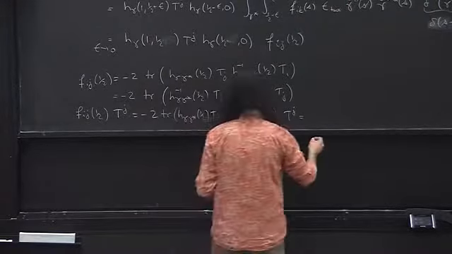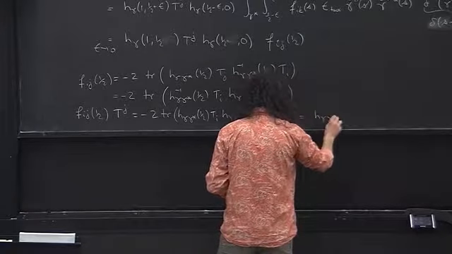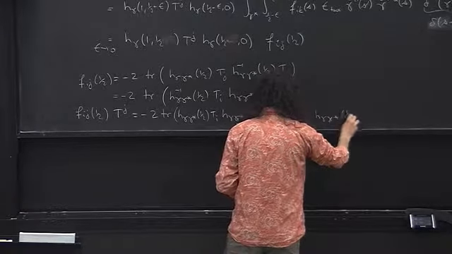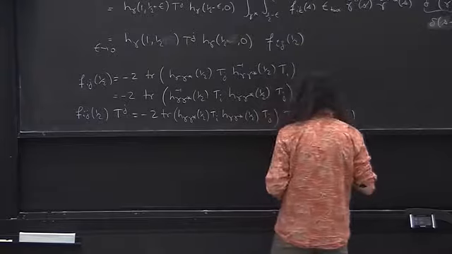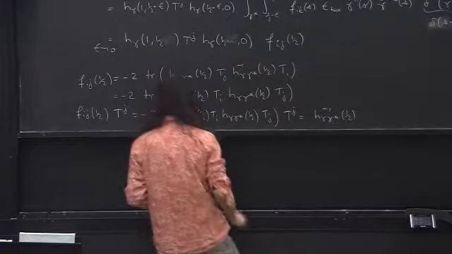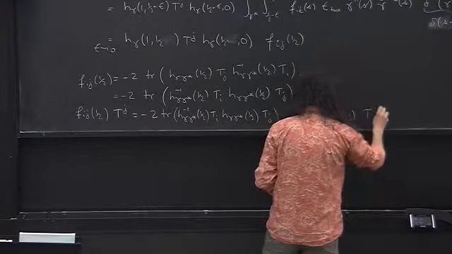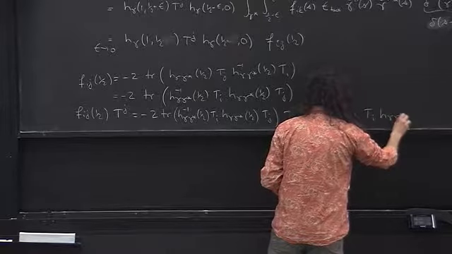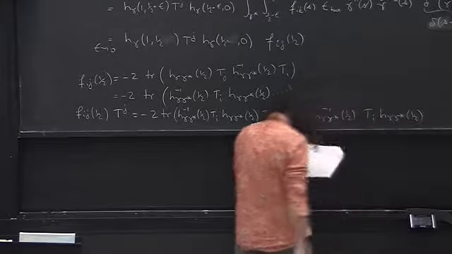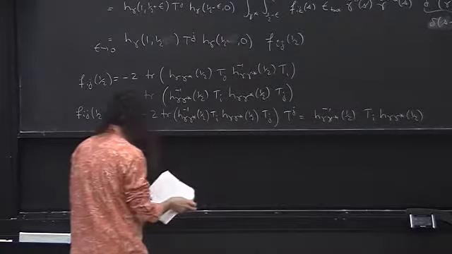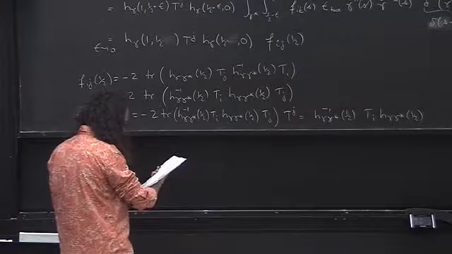So that's H gamma gamma star 1/2 minus 1 Ti H gamma gamma star 1/2, if I'm right.